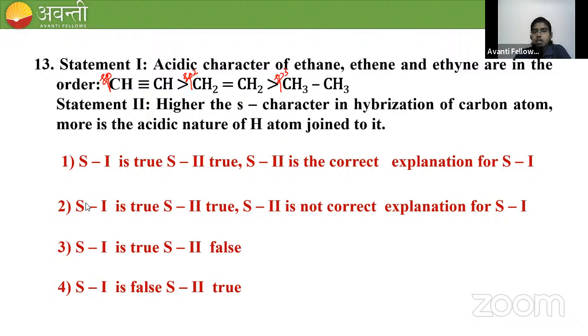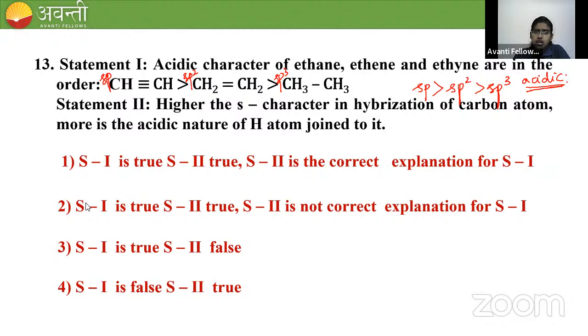We all know that the sp hybridized carbon containing systems are more acidic than sp2, which are more acidic than sp3. So this is the acidic order, the acidic nature of the hydrocarbons. So statement 1 is correct.